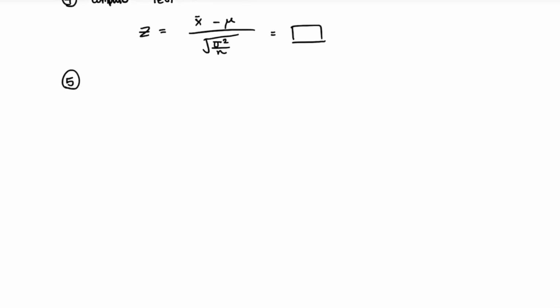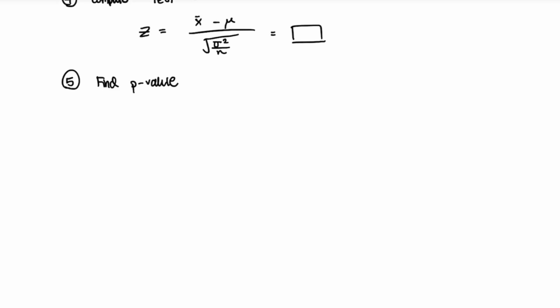The next step is to actually find the p-value. To find the p-value, you have to use your graphics calculator. This one I cannot help you. Simply use your z-test, go ahead and key in all the relevant values, your mu as well, whether it is less than, more than, or not equal to, and simply compute.